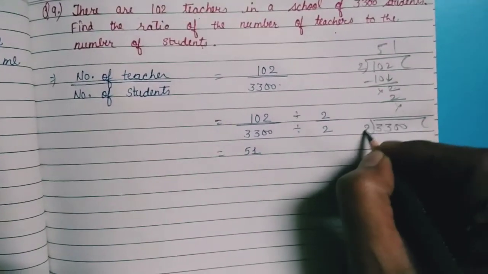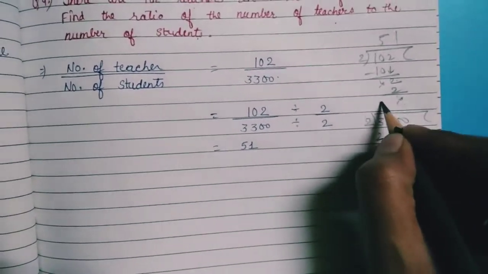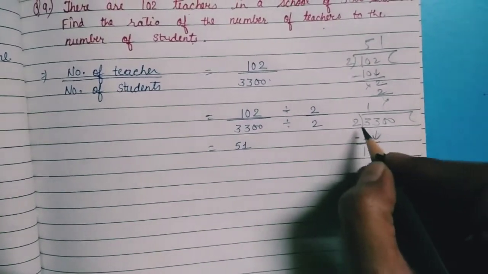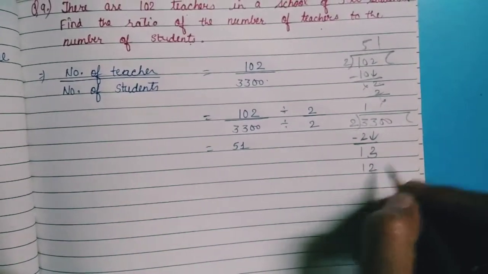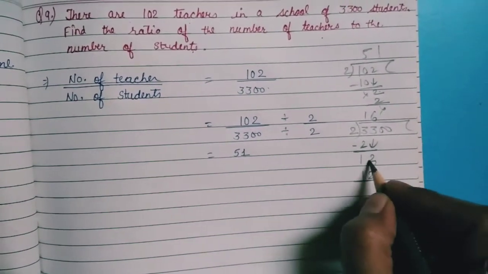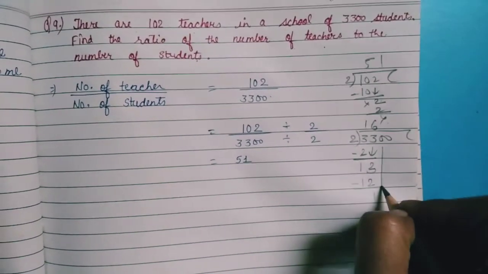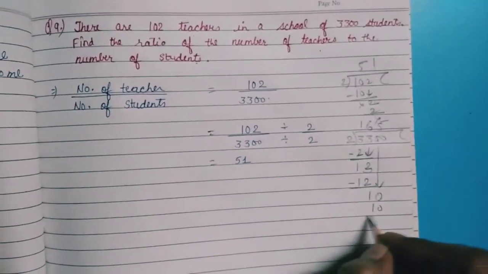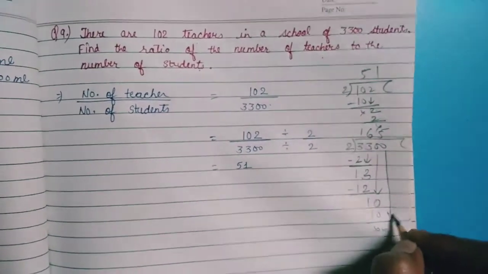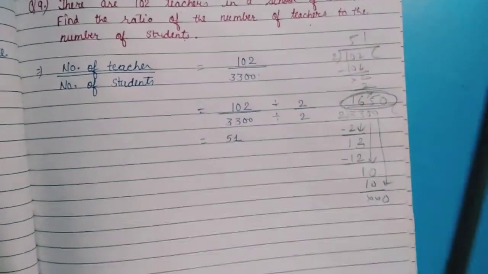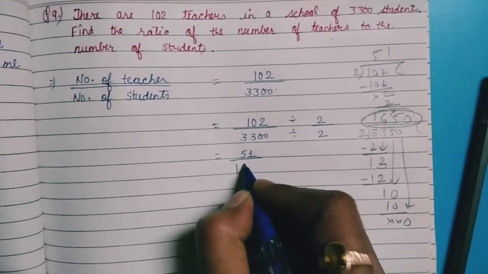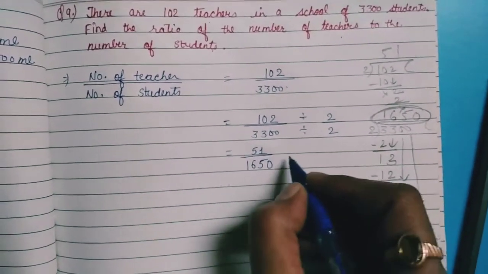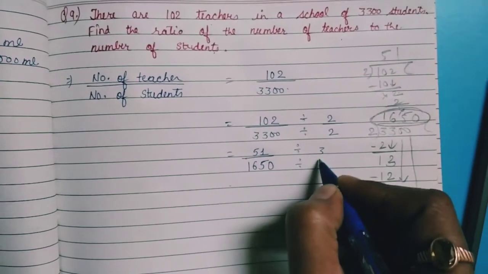And when 3,300 will divide by 2, 2 1s are 2, 3 minus 2 is 1, 3 will come downside, 2 6s are 12, 13 minus 12 is 1, 0 will come downside, 2 5s are 10, and 0 is here which is remaining, so 0 will also come, so that here we have 1650. Still this 51 and 1650 can be divided by 3.